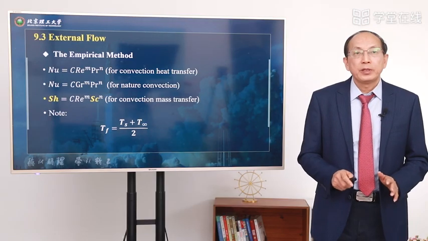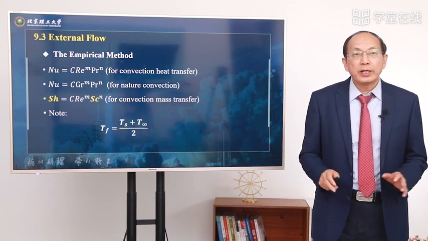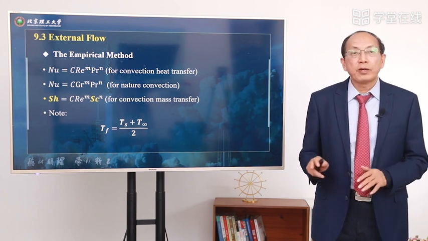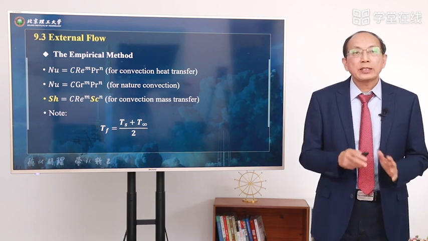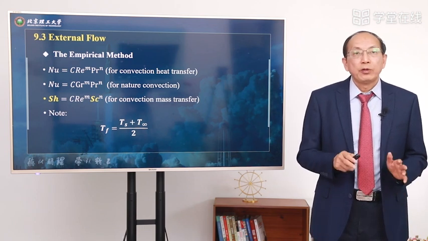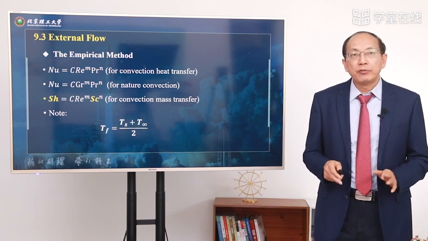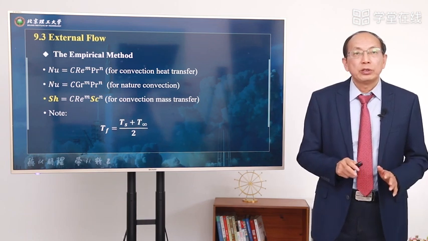Section 3, External Flow. In this section, we will study how to calculate the heat transfer flow rate for different flow situations, for example, external flow. For the empirical method, generally we have several very typical equations.